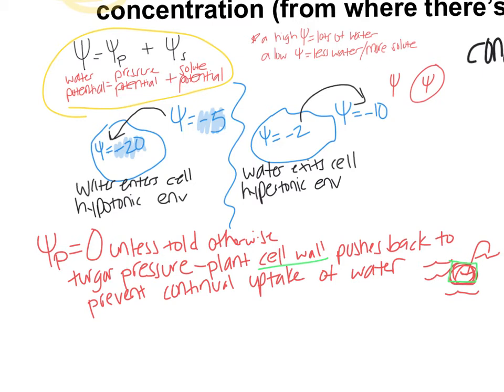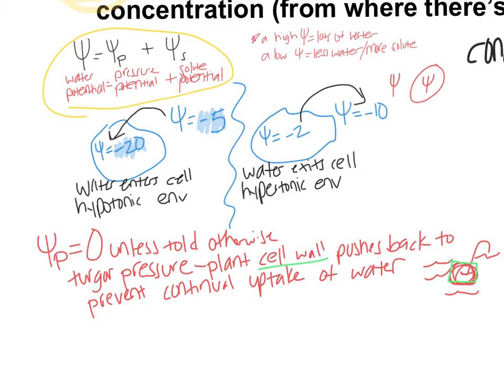That then prevents the cell from bursting because it's this opposite force where water is flowing in, the wall is pushing back saying stop taking in, so eventually the plant does stop taking in water. It does not end up bursting.